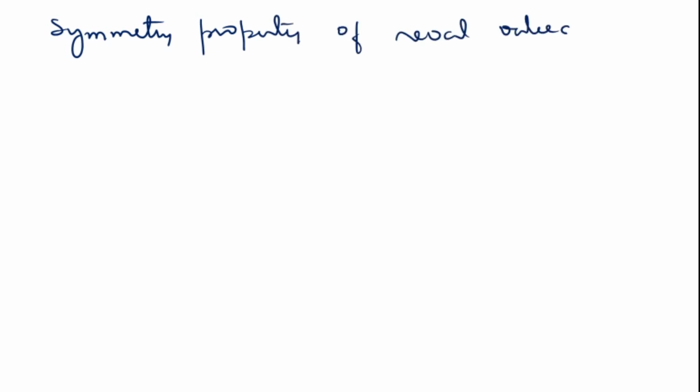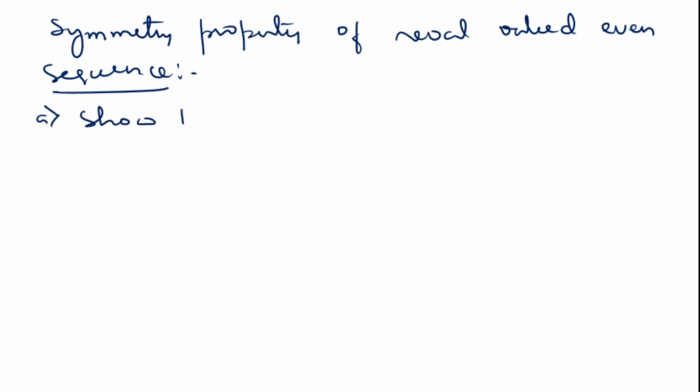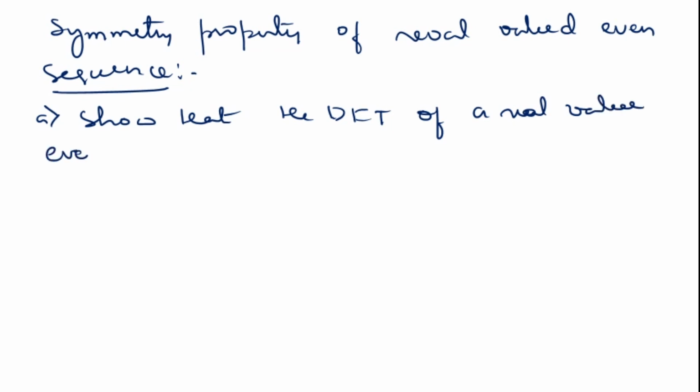Next, we are going to discuss the symmetry property of real valued even sequences. So first one, show that the DFT of a real valued even sequence is purely real.